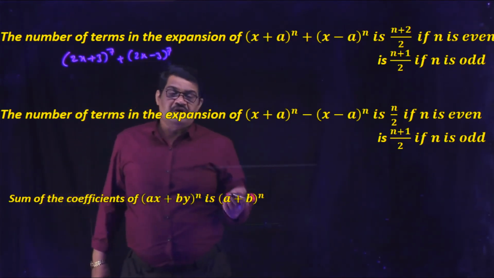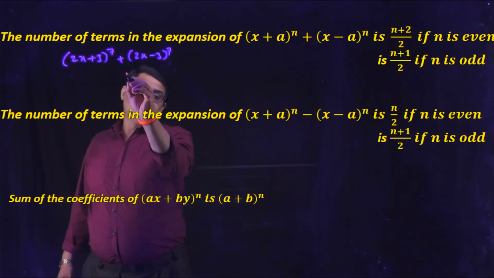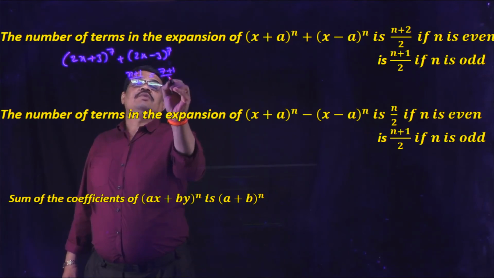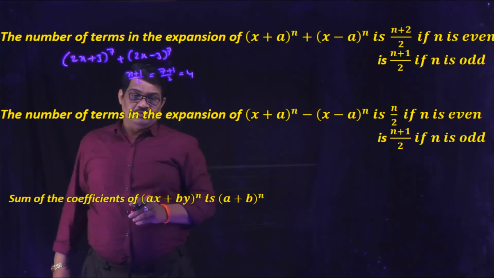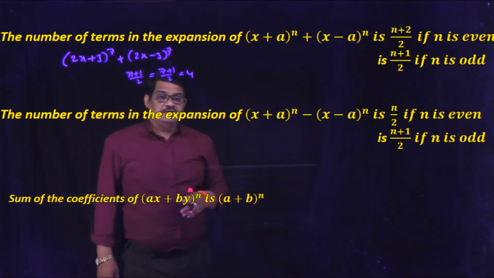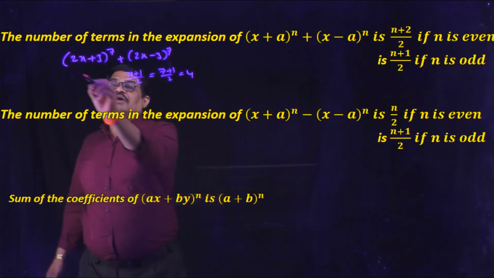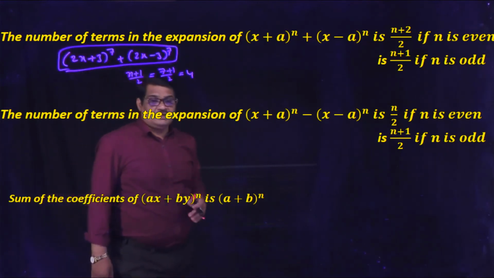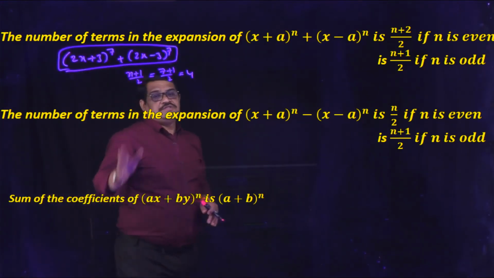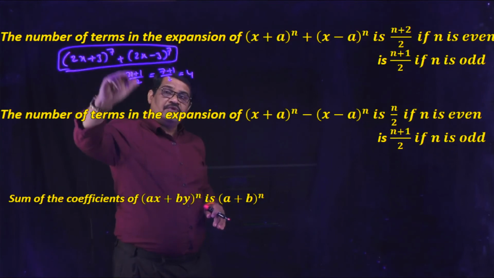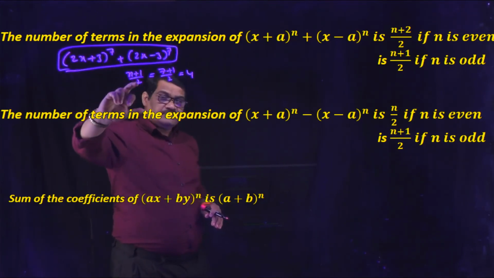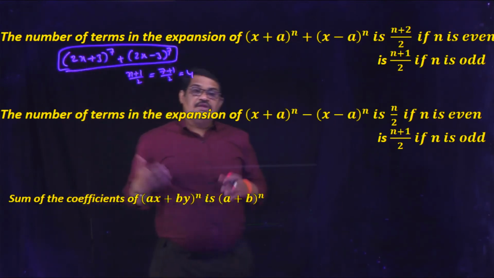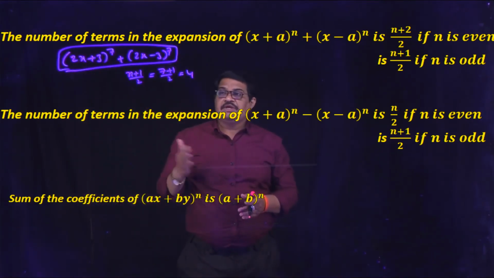If n is odd, then it is (n + 1)/2. Here (7 + 1)/2 is 8/2, that is 4. So we use that formula to find the number of terms in that expansion. If n is odd, we take the formula (n + 1)/2. If n is even, then the total number of terms is (n + 2)/2.